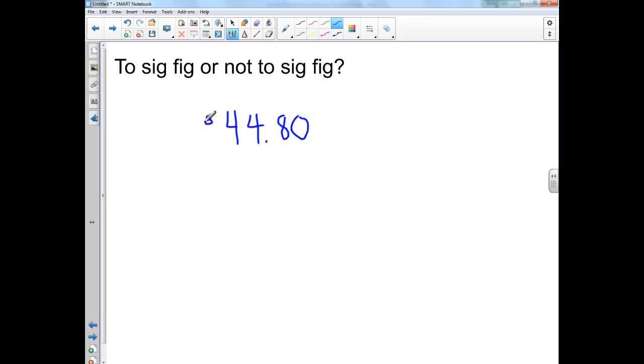Right? $44.80. Your friend forgets how much money you owe and says, "Oh, I think it was $40." So your friend pays you back $40. And you're like, "Well, you owe me another $4.80, right? You cut out this amount here. You just rounded." That's what sig figs are, essentially. They're rounding.